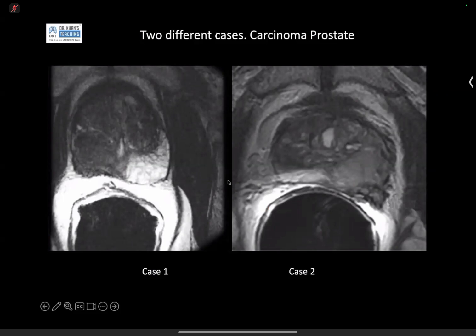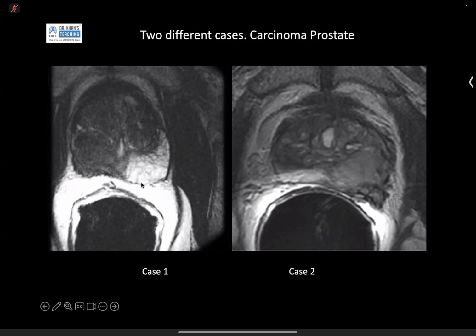So these are two different examples where you can see prostatic carcinoma with extracapsular extension. This is on the left side, look at the peripheral zone, it is normal. On the right side, this is low in signal intensity. You can see this stranding, whiskering into the fat. So this is definite extracapsular extension.